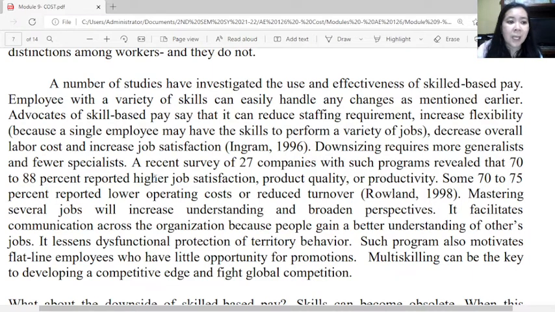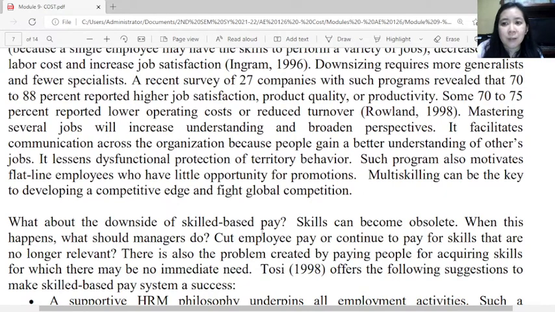Meaning a single employee may have the skills to perform a variety of jobs for two or more employees, so they only have to have this one employee to do these specific jobs. The result is decreased overall labor cost and increased job satisfaction.